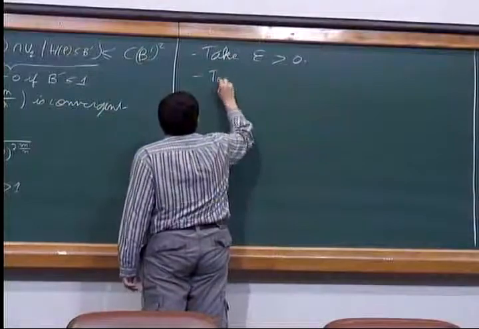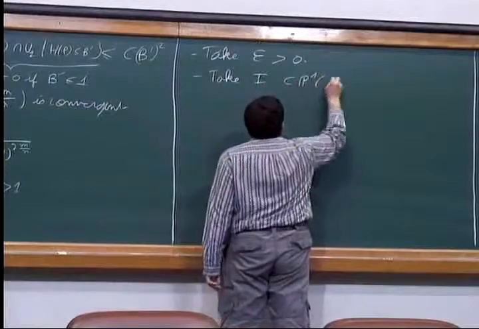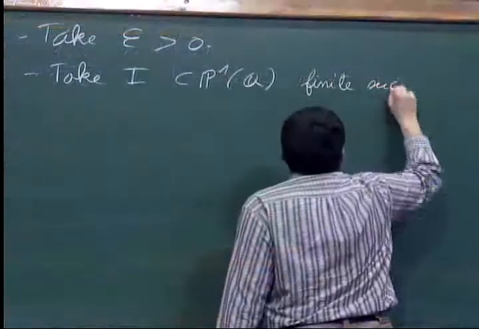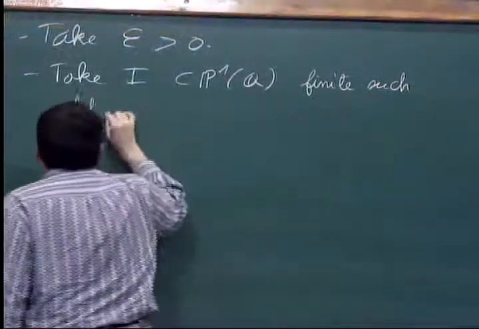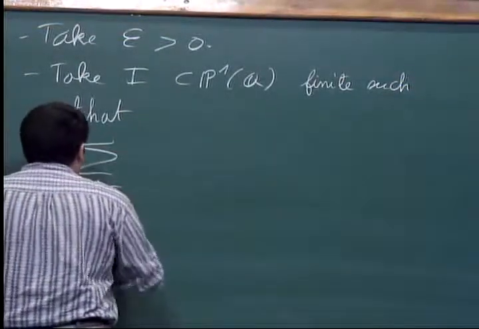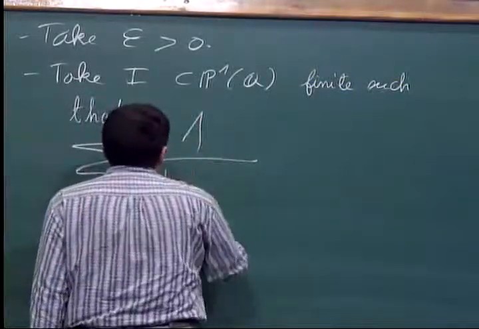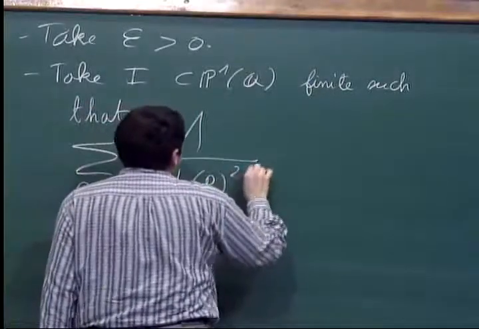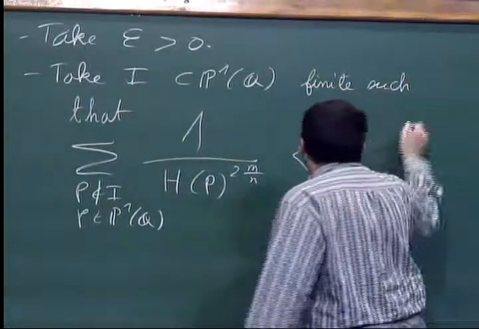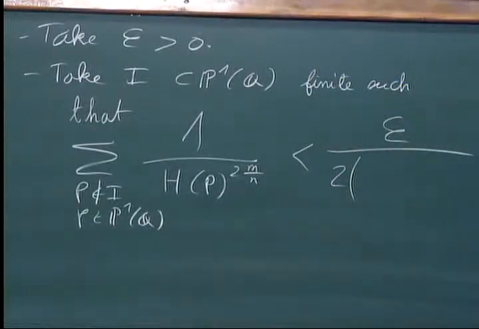Take some I subset in P1 of Q to be finite, such that the sum for P not in I, P in P1 of Q, of 1 over H of P at the power 2m over n is less than, let's say, epsilon divided by 2 multiplied by, what do I need?